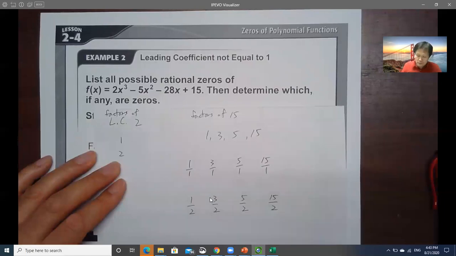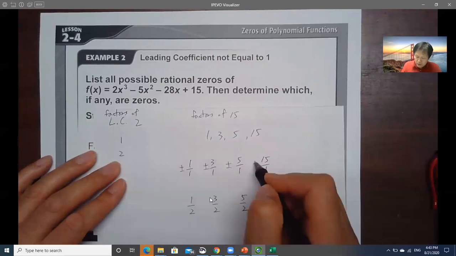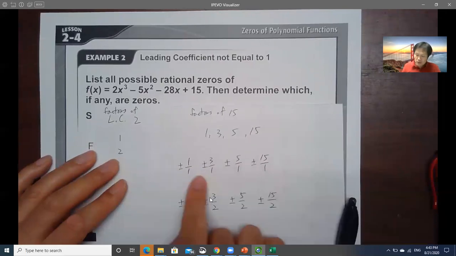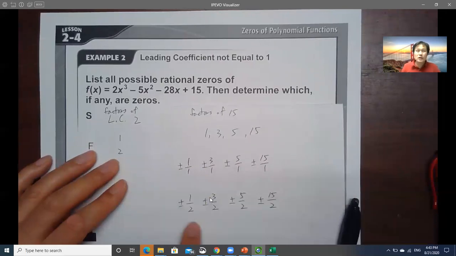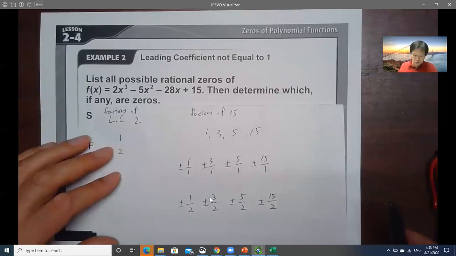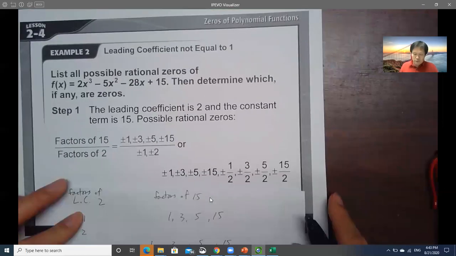All plus minus. So we have quite a bit here. We got 8 here, another 8 here. So we got 16 possible rational zeros. Over 1 doesn't do much.